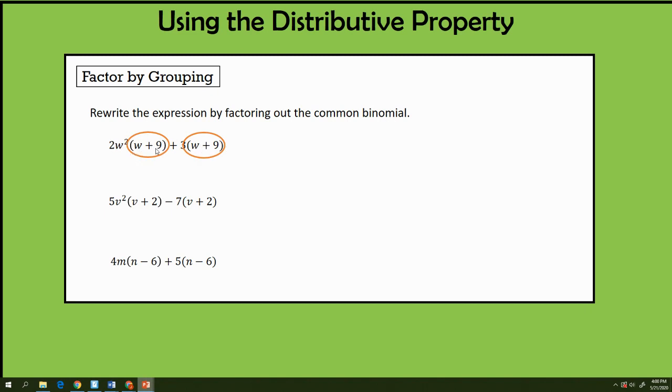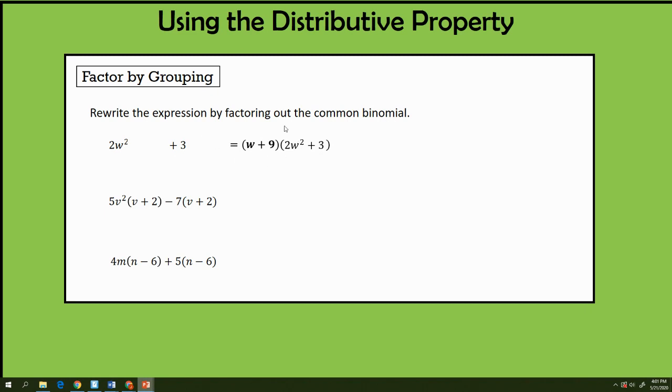It's 2w squared times the quantity w plus 9 plus 3 times the quantity w plus 9. So they have a w plus 9 in common. What we're going to do first is factor that out. We're going to take that out of each of those and put it in front of a parenthesis. And then inside this second parenthesis is what remains after I factor out the common binomial.